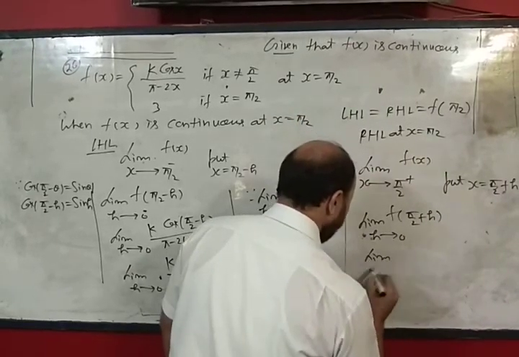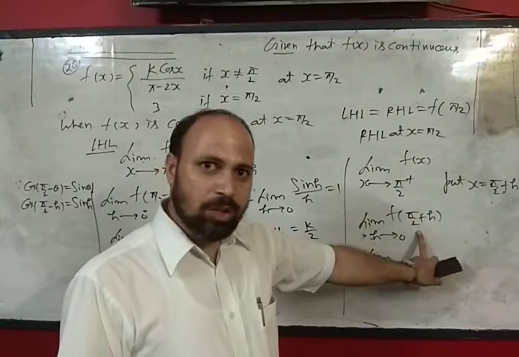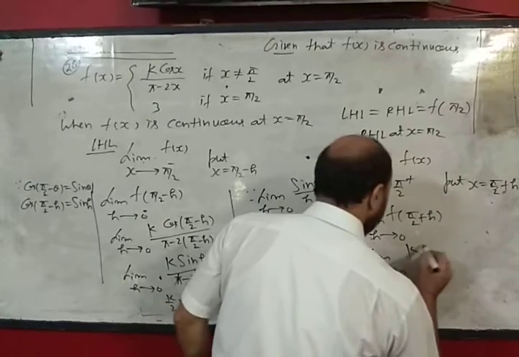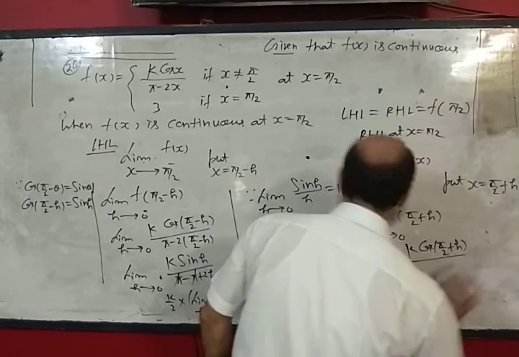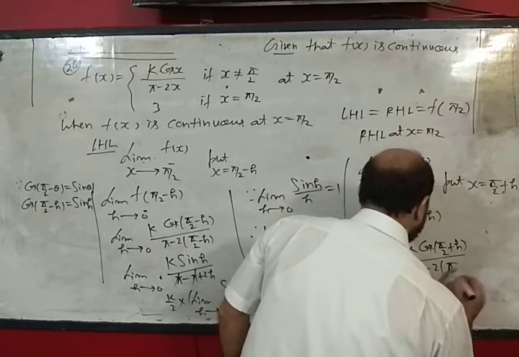So limit h tends to 0, put pi by 2 plus h at the place of x. The function is given, k cos(pi by 2 plus h) upon pi minus 2 into (pi by 2 plus h).